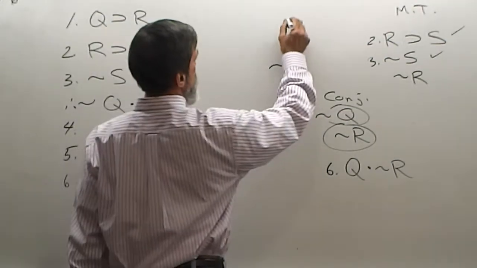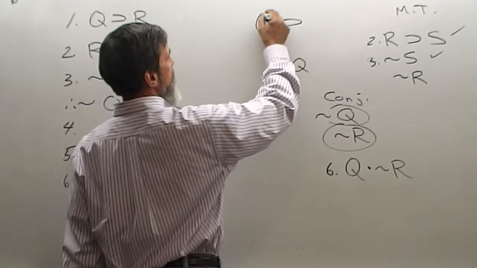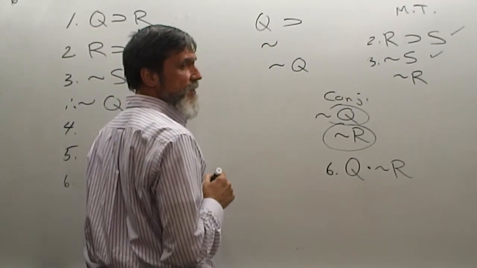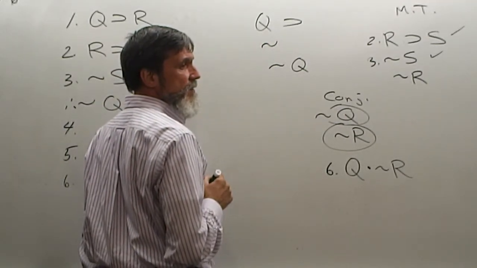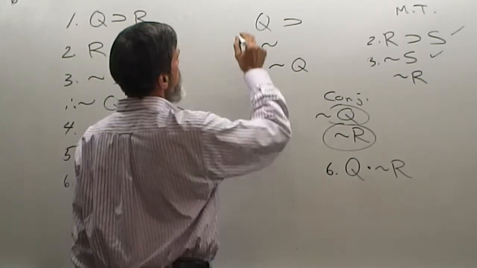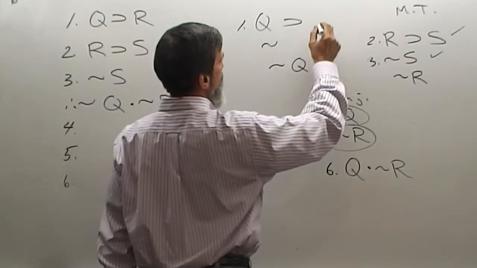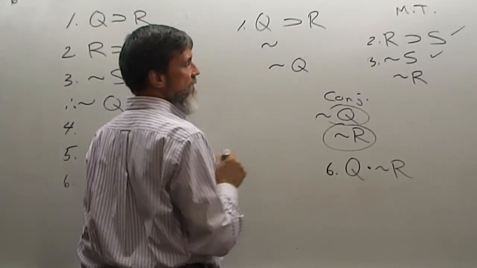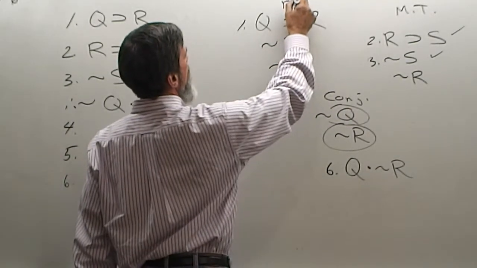Modus tollens. Need a horseshoe whose antecedent is Q. Do we have a horseshoe whose antecedent is Q? Line 1? What is the consequent of line 1? So what does our second premise have to be of this modus tollens? All right, we're cruising.